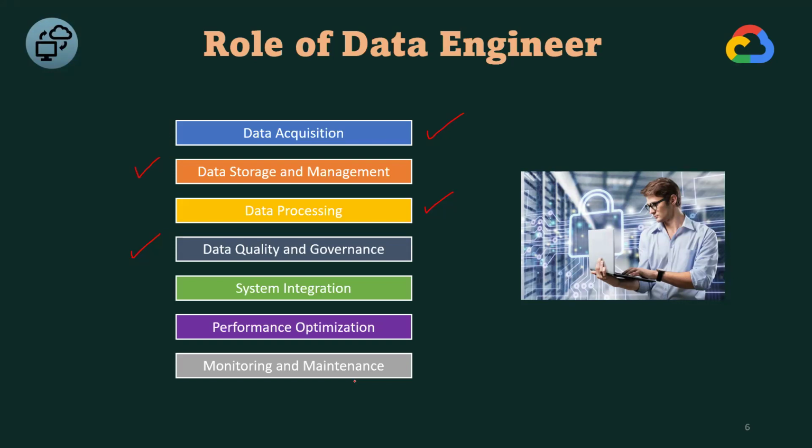We should excel in all of these areas, because our aim is not just to become a data engineer or a senior data engineer. We want to become a solution architect.